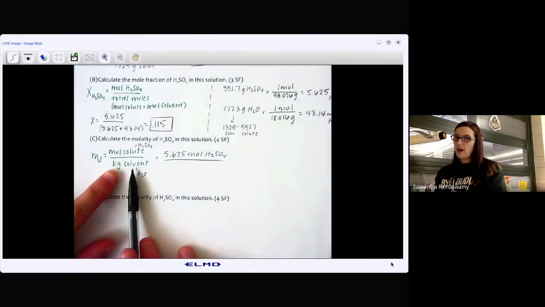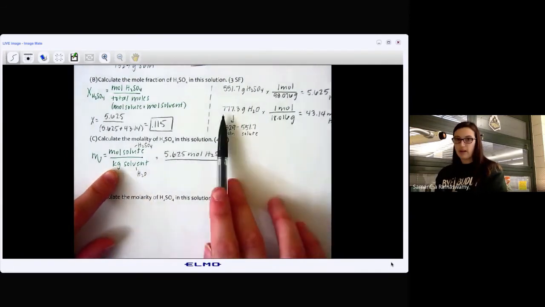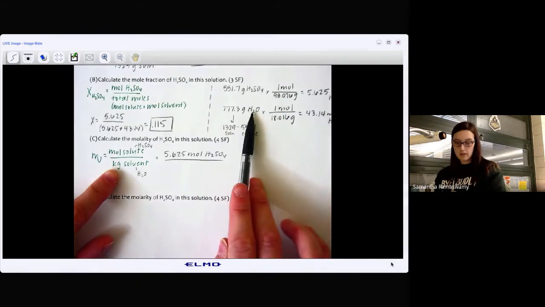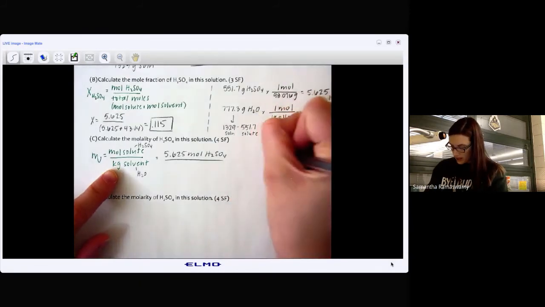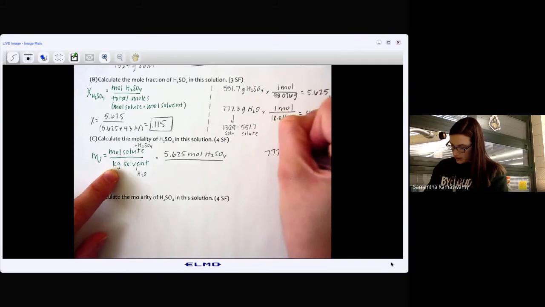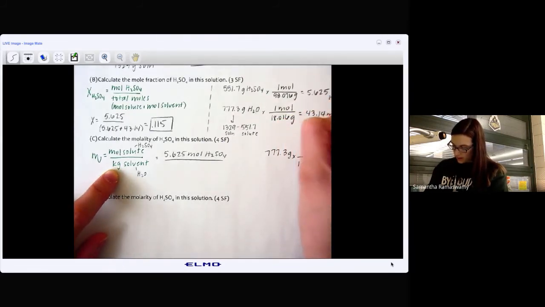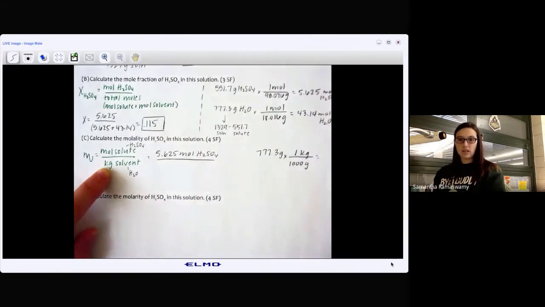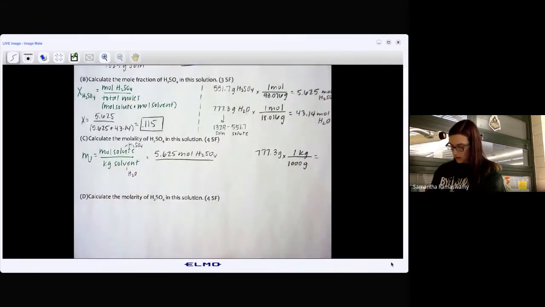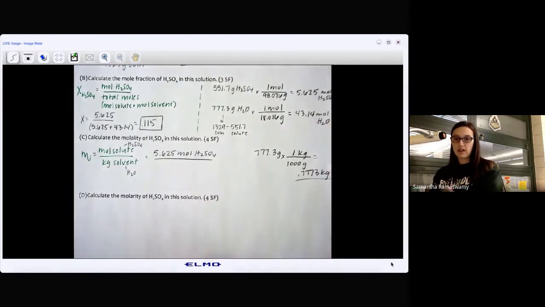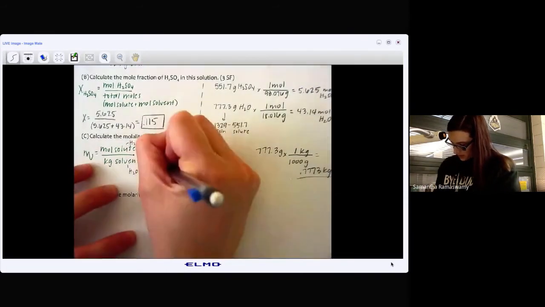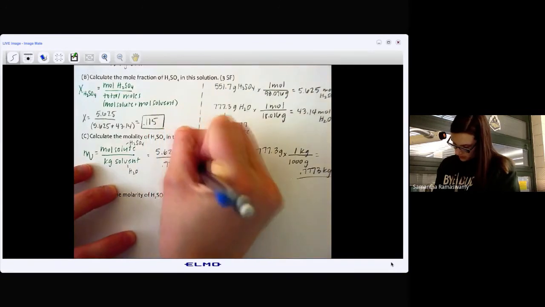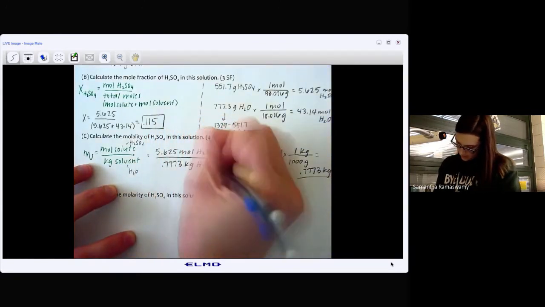Well, I haven't found kilograms of solvent, but I did find grams of solvent. So remember, just in case, 777.3 grams. There are 1,000 grams in 1 kilogram. So I can put kilograms of solvent on the bottom, and we can divide.